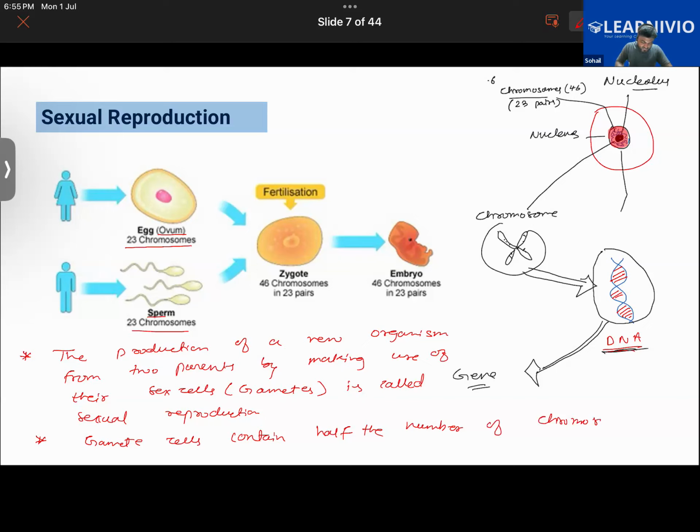By the way, what are examples of organisms in which sexual reproduction is observed? Humans, cockroaches, frogs, fishes, elephants, etc. The list is too long to write here.